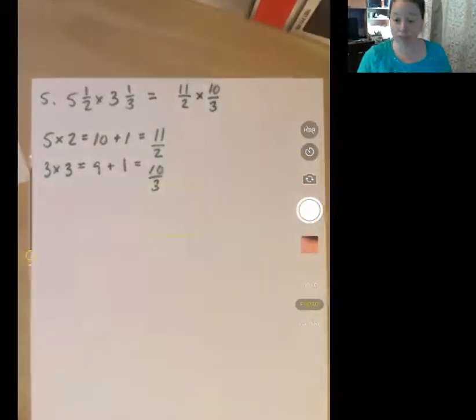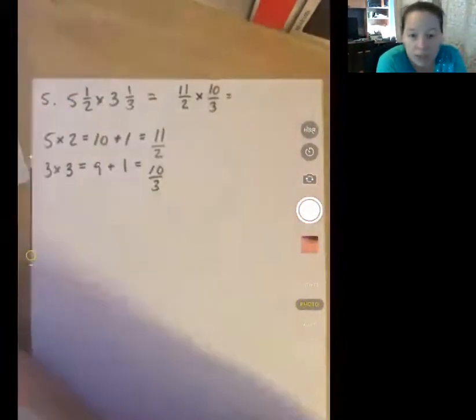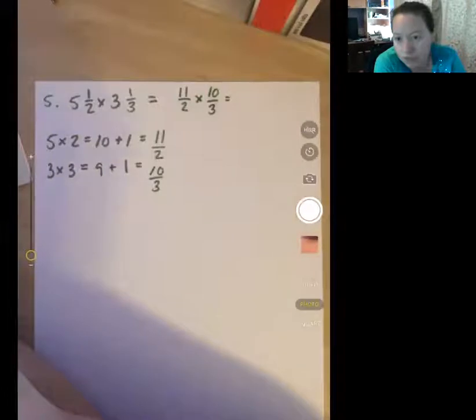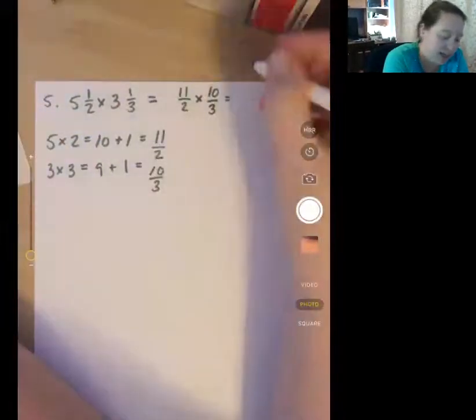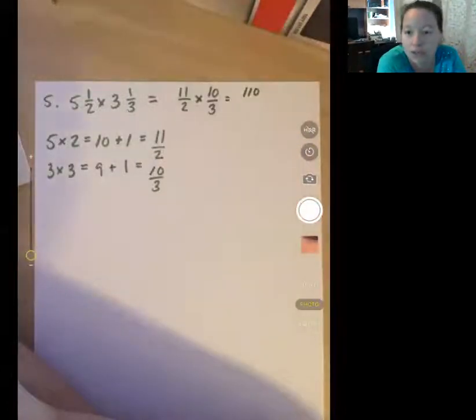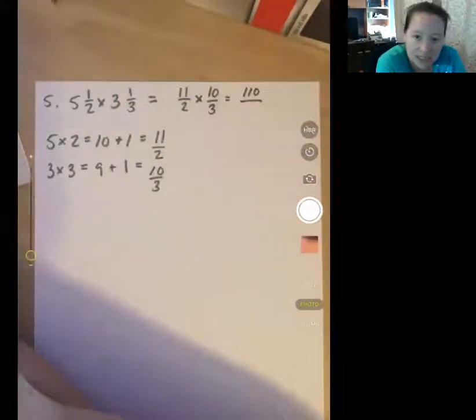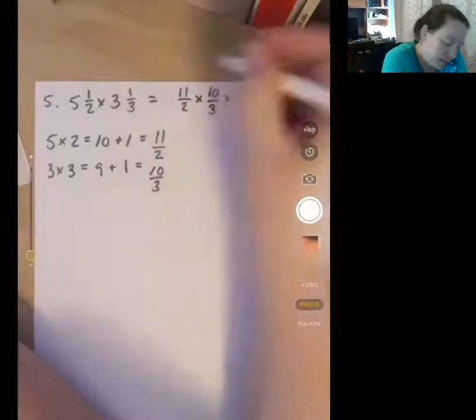I don't have any number that's the same, so I'm just going to straight up multiply. Whenever you multiply anything by 10, you just add a 0 onto the end of the number. So 11 times 10 is 110. See, it's the 11 with a 0 after it. 2 times 3 is 6.